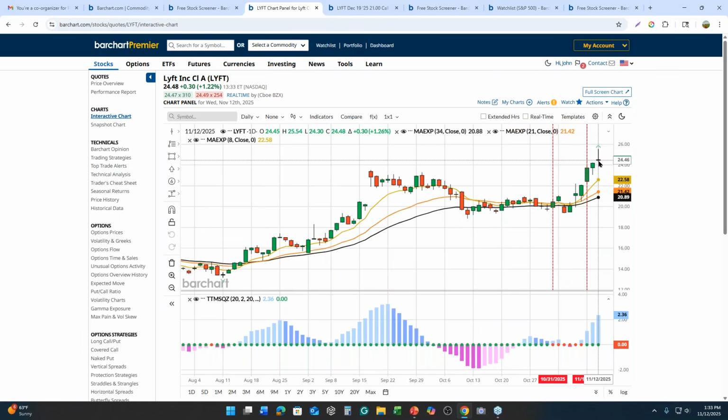That would put us below the 8 EMA. So again, two different types of strategies for risk management, and you can see that they kind of fall in the same level. All right, so that's a way we can use trailing stops, either using our EMAs or this ATR assessment.